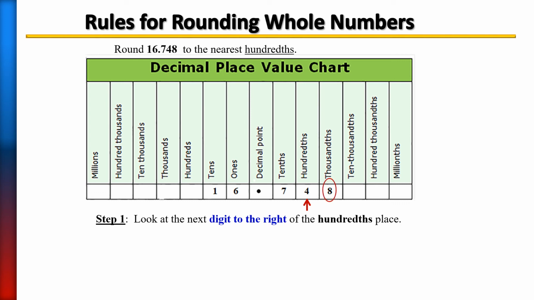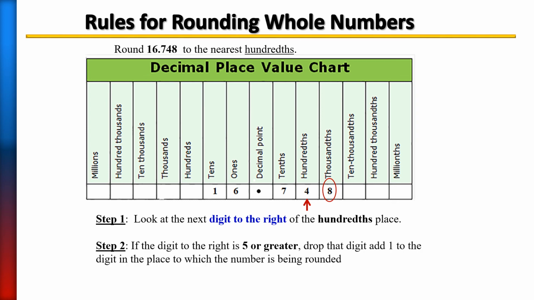If the number to the right of the digit being rounded, which is the 8, is 5 or greater, the rule says to drop that number and all the digits following it, and add 1 to the place being rounded.